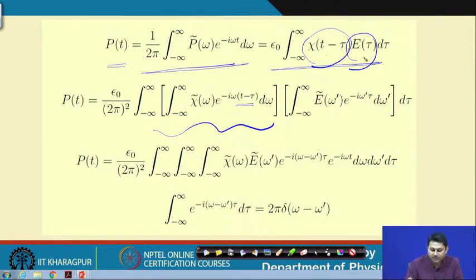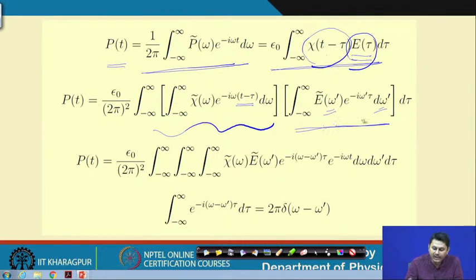Second Fourier transform, that means for E(t) I will do the same thing. Only one thing you should note: instead of using omega I am writing omega prime, and I can do that because omega is a dummy index. When you integrate, you are integrating over omega, so it does not matter whether you write omega or omega prime. But it is essential that when you have two quantities multiplied inside the integration, if you use one index omega, then the other should use a different one, that means omega prime.